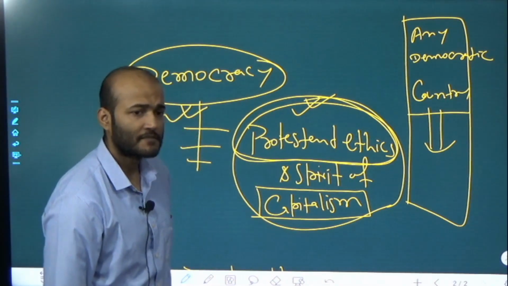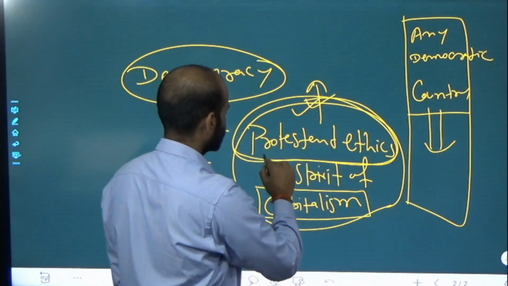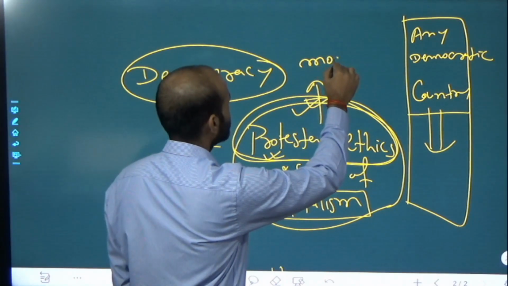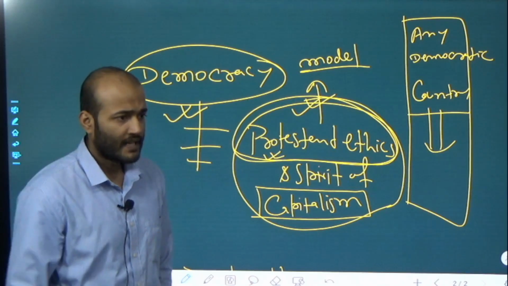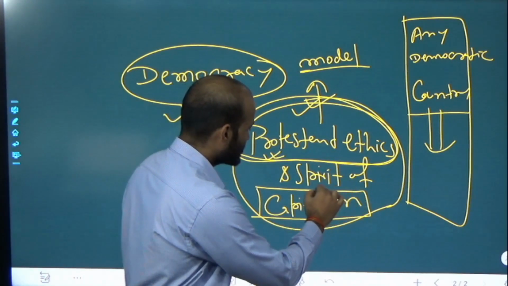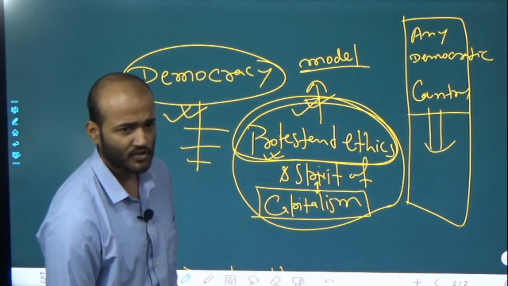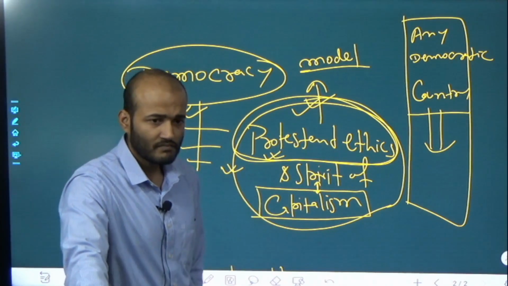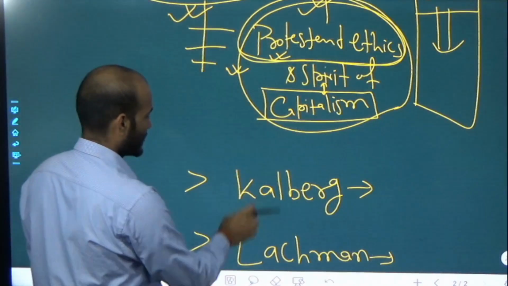Now Max Weber created these Protestant ethics as a model, as a yardstick, as a frame to explain the rising spirit of capitalism in European society. So now that become ideal type, right? Now देखिए अगेन हम इसको रिपीट करते हैं.